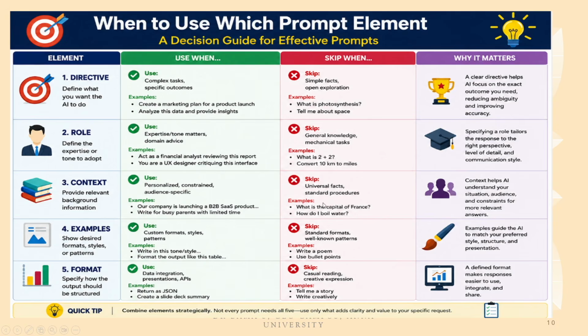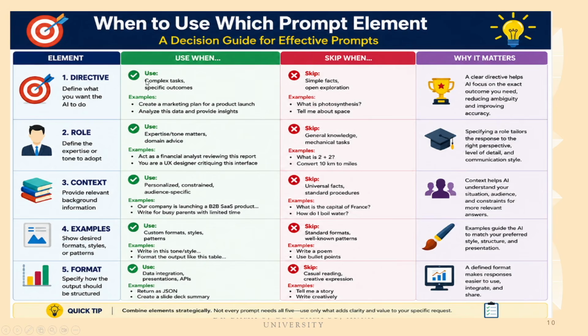So now the question is when to use which prompt. Again I will be giving in detail when to use each of the prompts, just an overall cheat sheet which you can take and see where you can use directive, when to use it and when to skip.